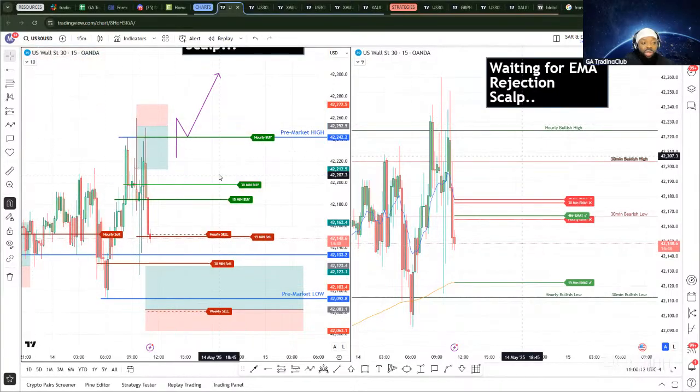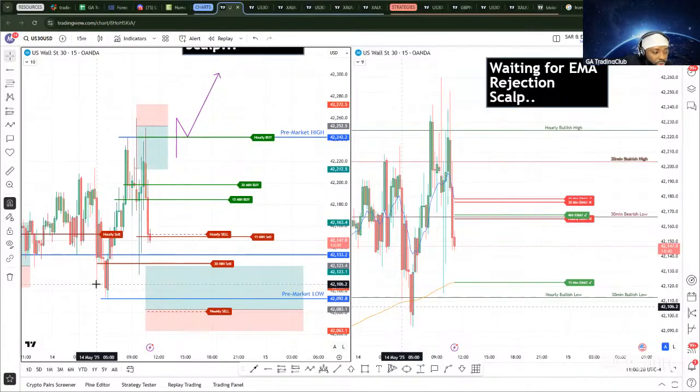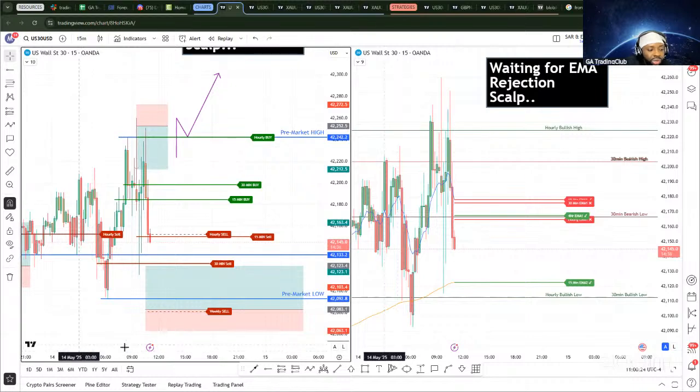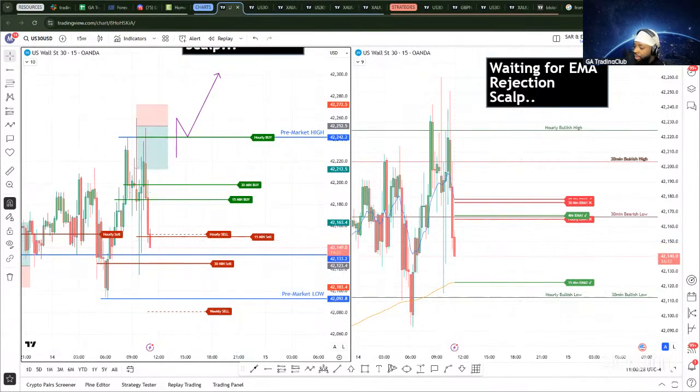Price is actually coming from a high level of supply and the demand level ends pretty far above the 42083 area. So actually, forget about that particular trade. There's no need to go ahead and do it.